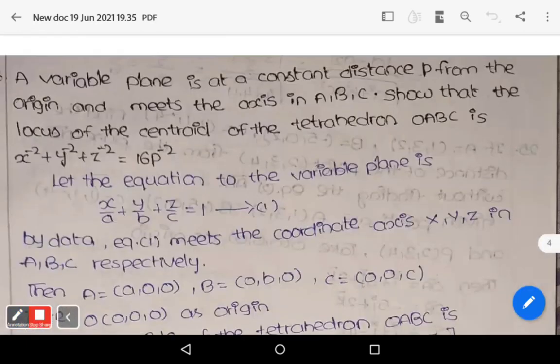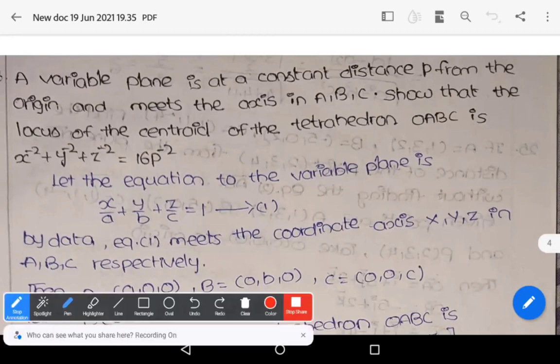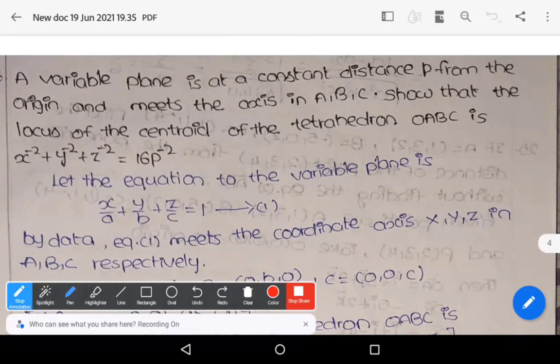And the next one, which is similar to the previous problem and again very, very important, you observe that a variable plane is at a constant distance p. In the previous problem we have 3p, now it is p.